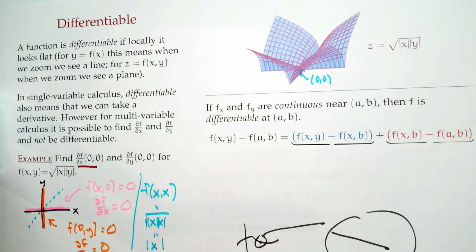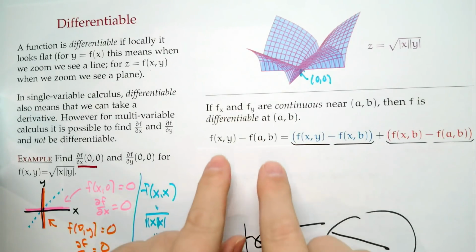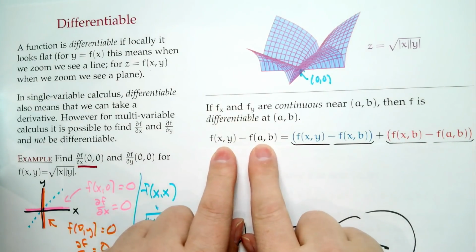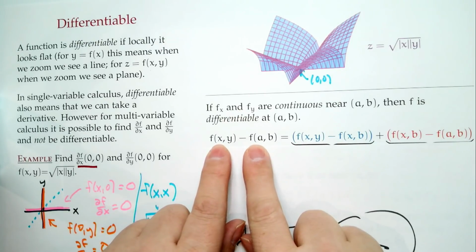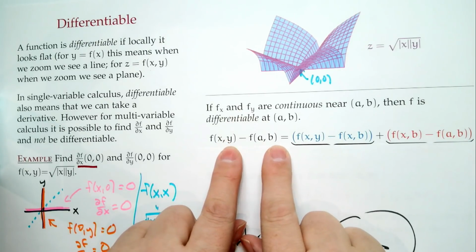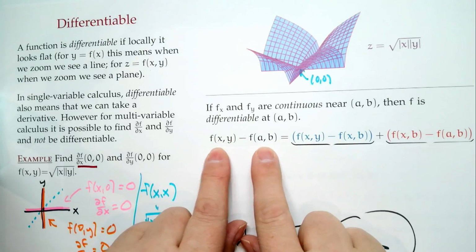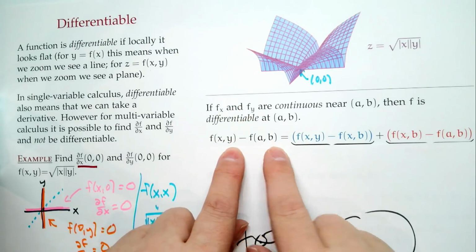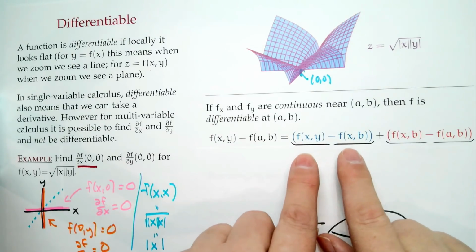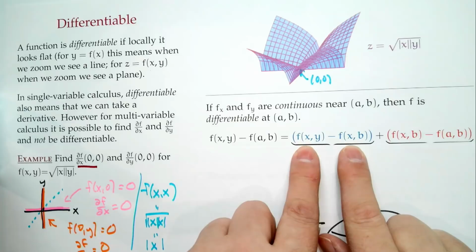But what I have done is said, well, perhaps if I look at it now in two different pieces, each piece I can understand. So what's the advantage of doing this? If I come to the original expression, notice how it differs in the first coordinate and it differs in the second coordinate. So x versus a, y versus b. If I come to here, you'll see now they actually match.